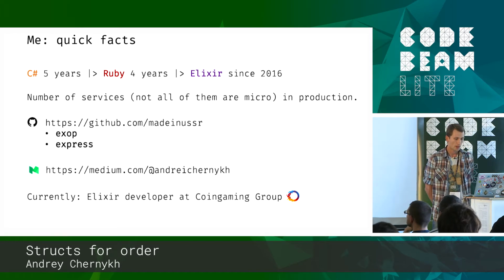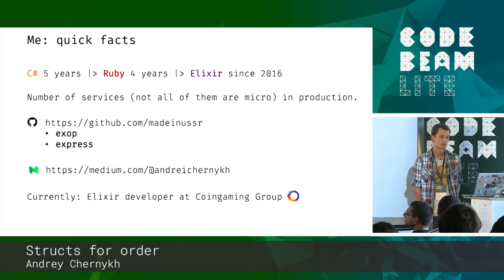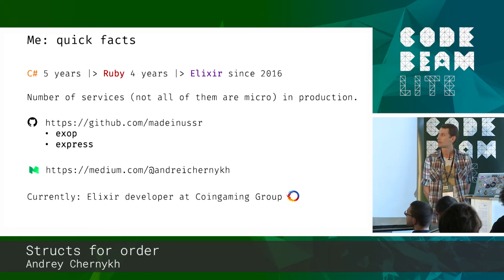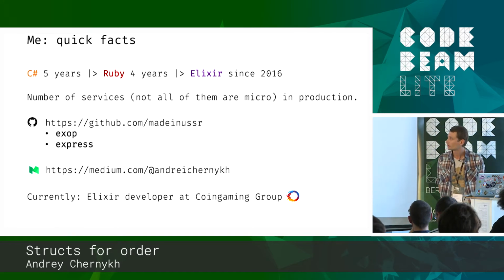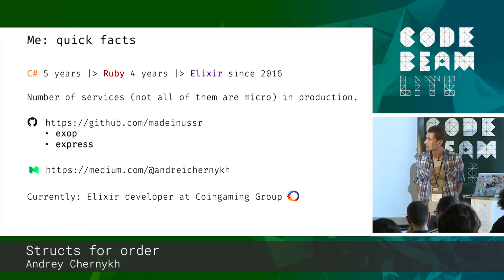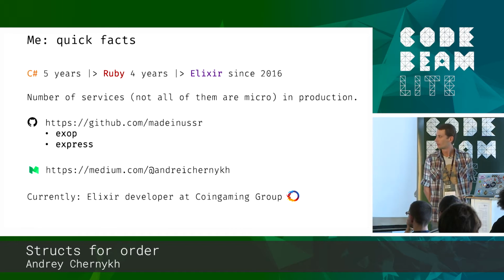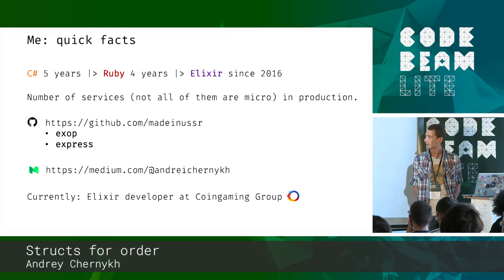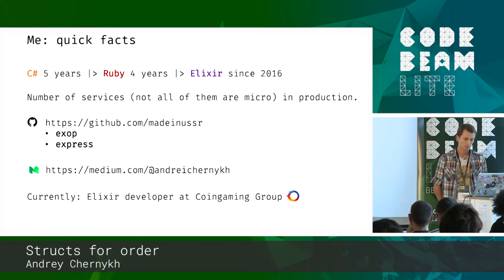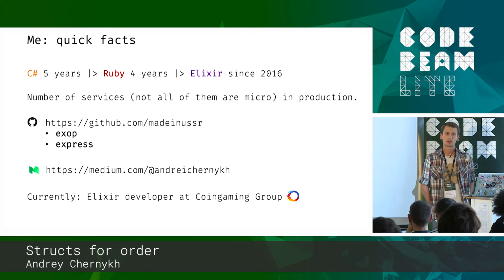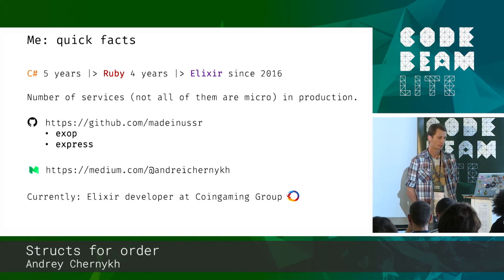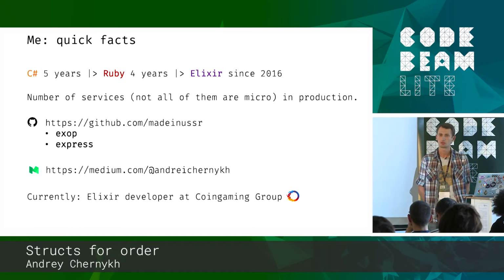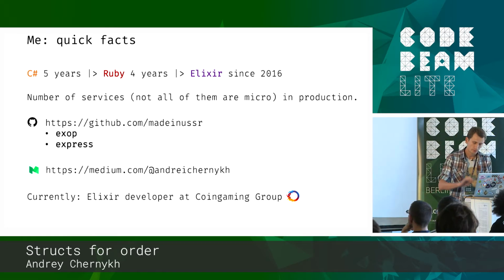I've been writing Elixir code on a daily basis for more than 2 years, and occasionally I write articles. You can find them on Medium. I created a few open source libraries, Exop and Express, for example. And the approach I'm going to share with you, I use almost in every project. Let's return to it.